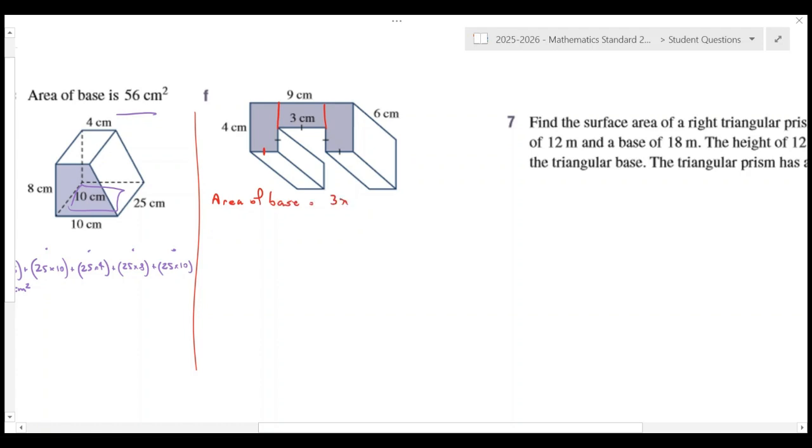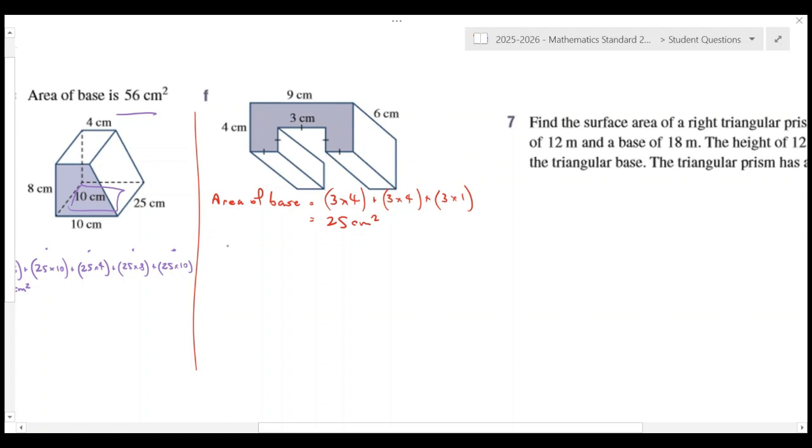I've got a 3 by 4 on that side, and I've also got it on this side, so plus 3 by 4, and then add the other bit, which is 3 by 1. 3 by 1, because that's 3, so therefore that has to be 1 there. Okay, so I've got 12 plus 12 is 24, plus 1 is 25 centimeters squared. So that's the base, done.